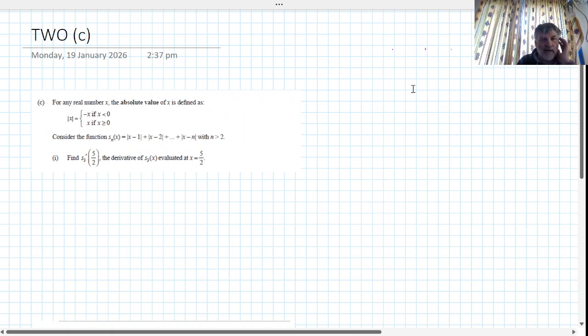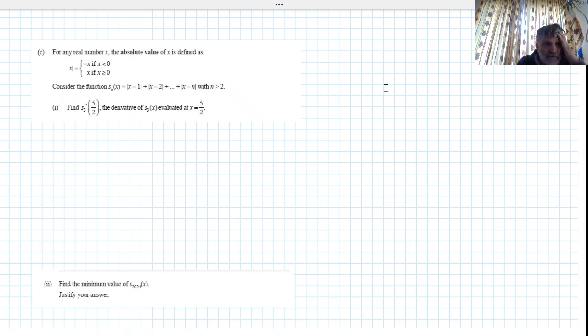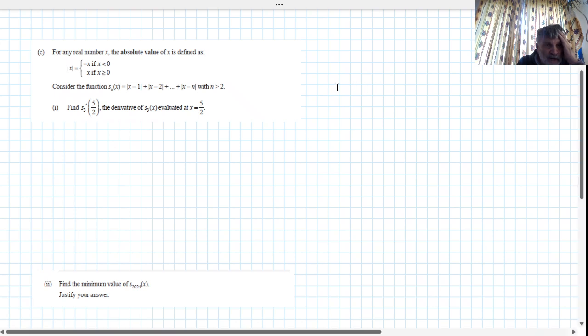Part 3, the last part we will look at today, part C. We've got a function here that's the absolute value, and it defines the absolute value as the negative of x if x is less than 0, and it's just x if x is bigger than or equal to 0.